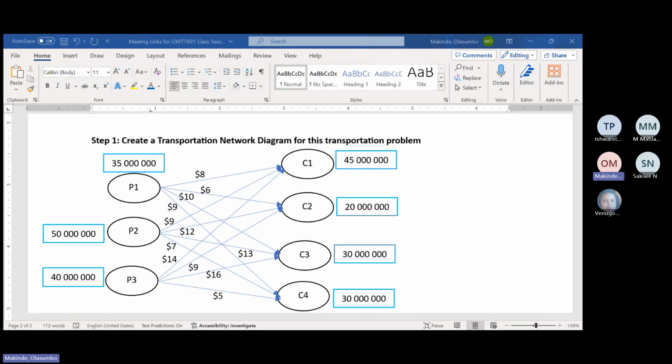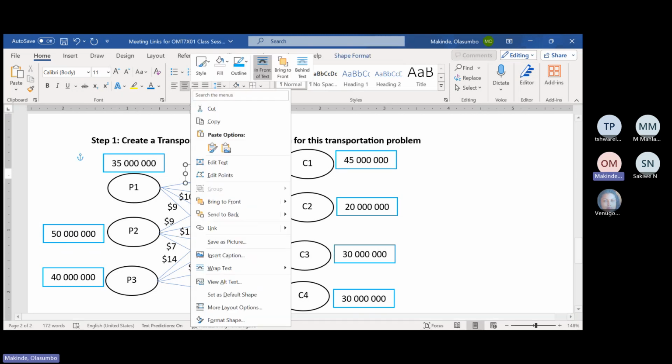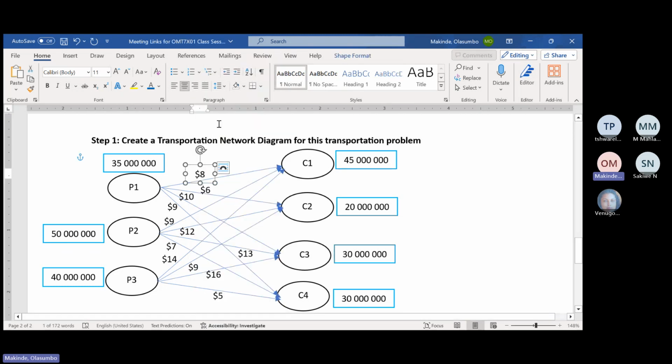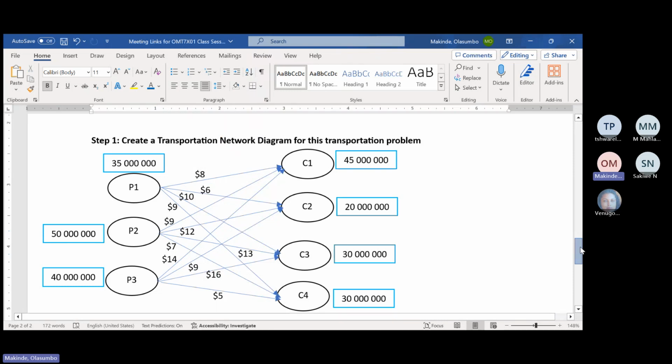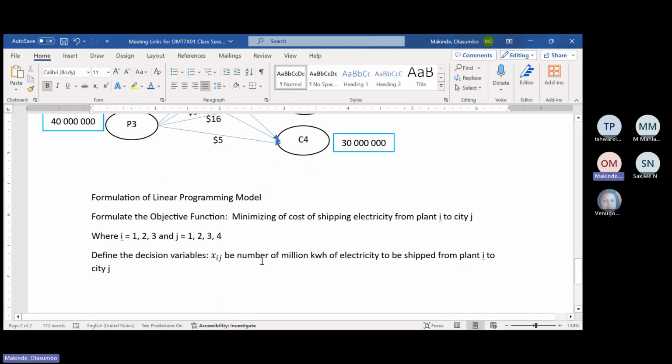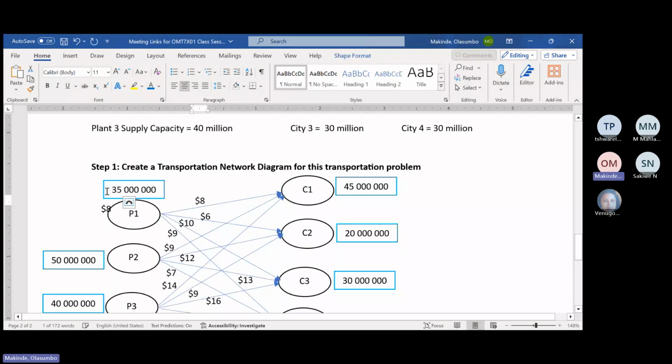So I'm going to put all those variables on the network so that you can see them now. So I'm just going to copy this. That's why instead of writing let X11, X12, you see I've defined it in a very strategic way, because mathematicians don't write many stories where your I in this case is 1, 2, 3, and J is 1, 2, 3, 4. It's easy for you to see all those decision variables.